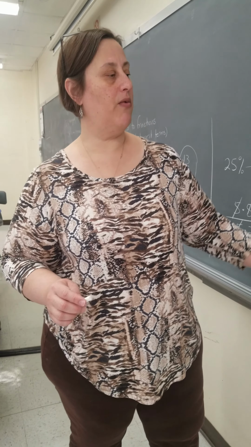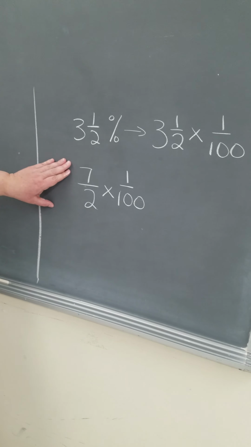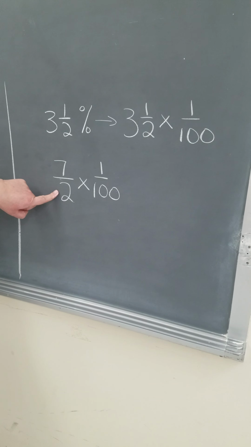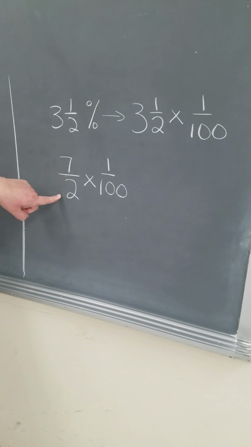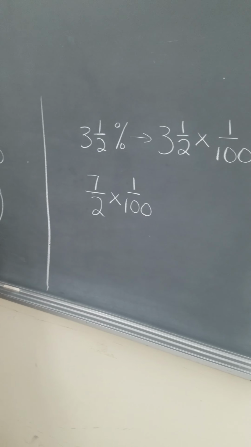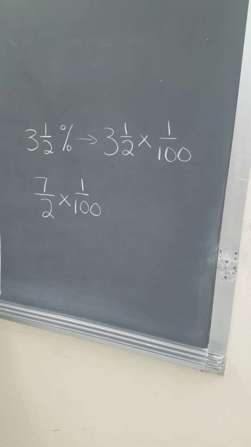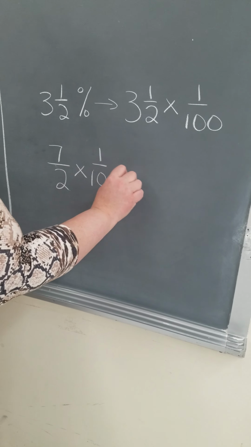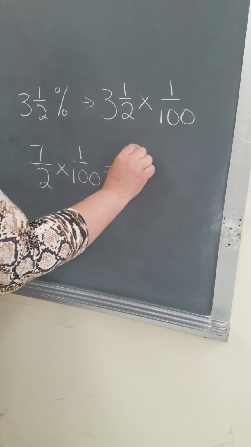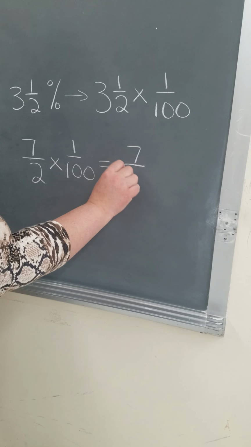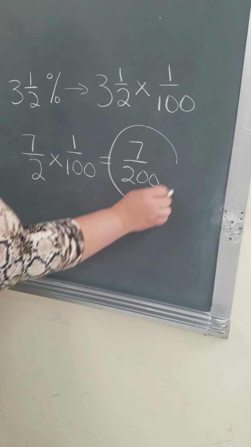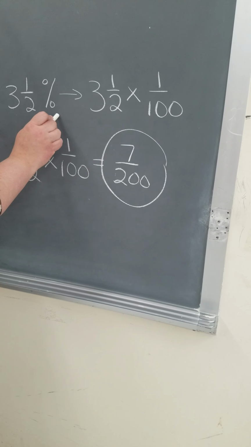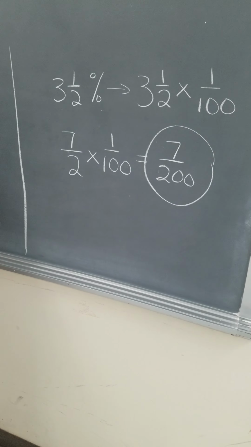Okay, so again, we're going to look at our fractions. We're going to see if we can reduce anything. 7 is a prime number, 1 is a prime number, 2 is a prime number. None of those can be broken down. 100 we learned is 2 times 5 times 2 times 5. There won't be any 2's and 5's in the numerator to cross off. So our answer is going to be 1 times 7, which is 7, and 2 times 100, which is 200. So 3.5% is the same thing as 7 over 200.